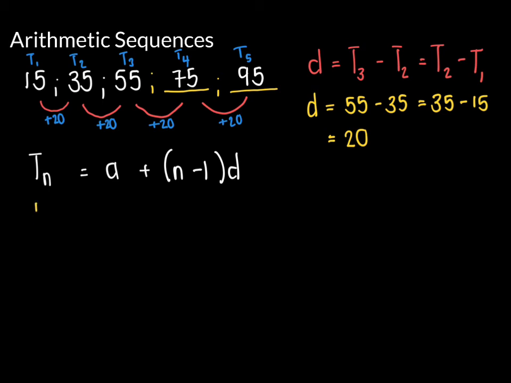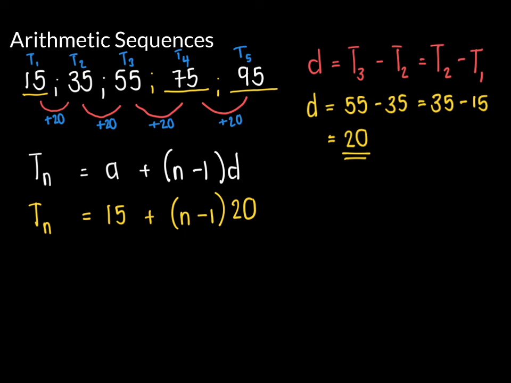So we know Tn is going to be equal to A, our first term, and in this case, our first term is 15. They've given us that information. So we're going to have 15 plus n minus 1 multiplied by our common difference, which we've calculated over here. It's 20. So multiplied by 20.